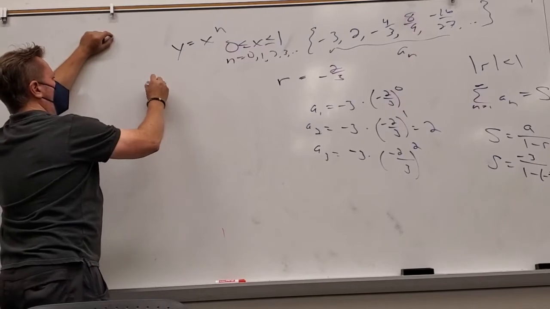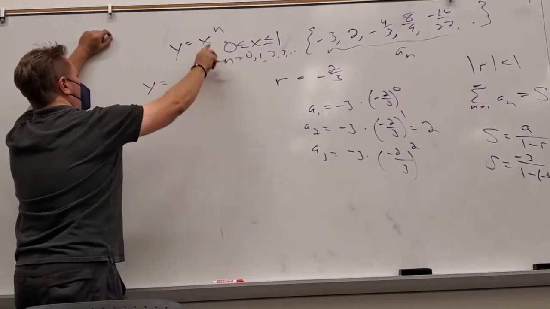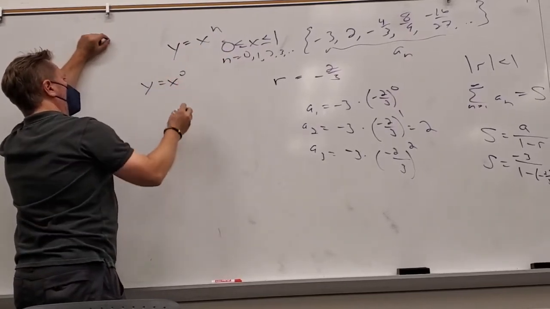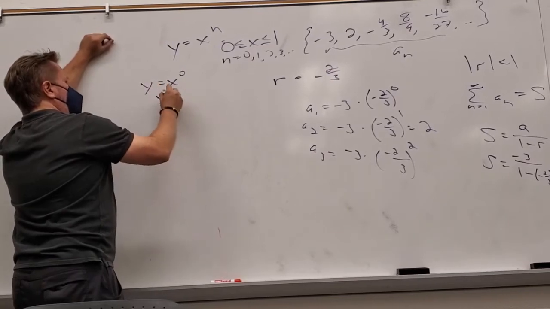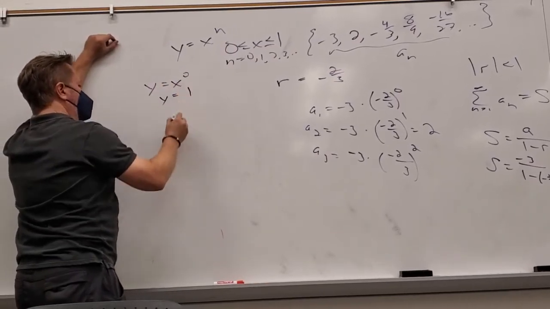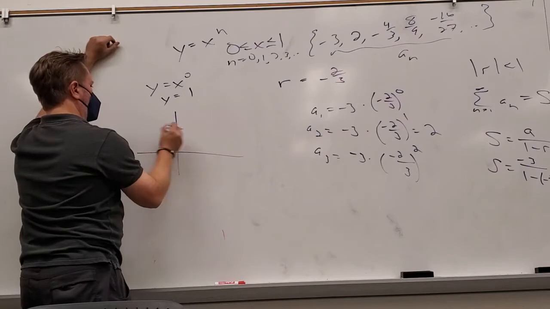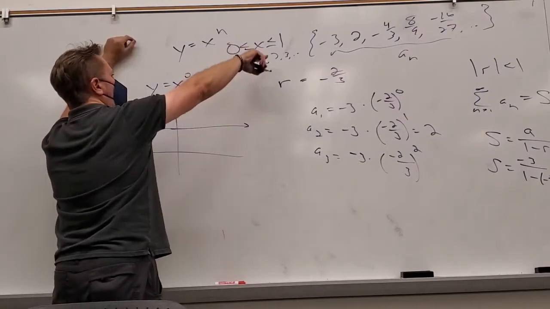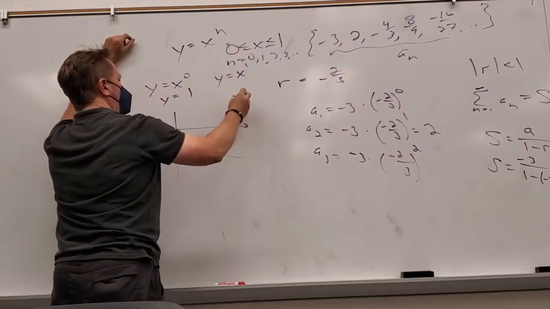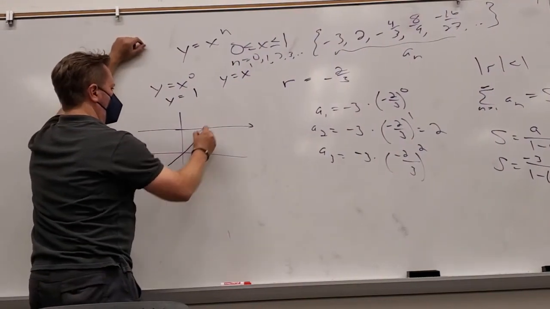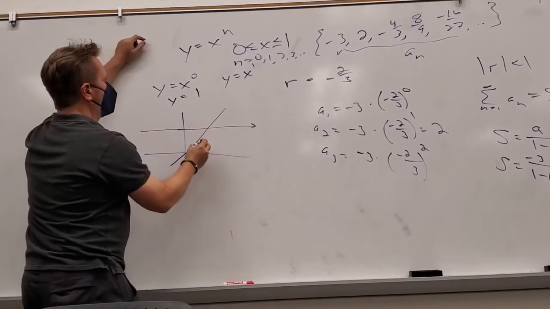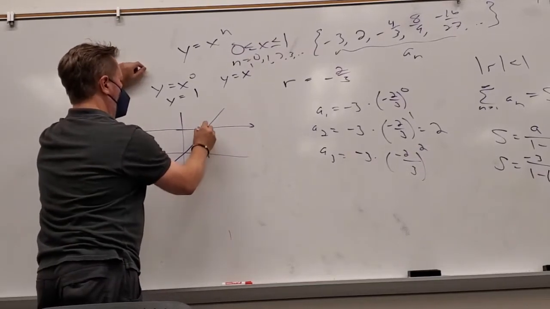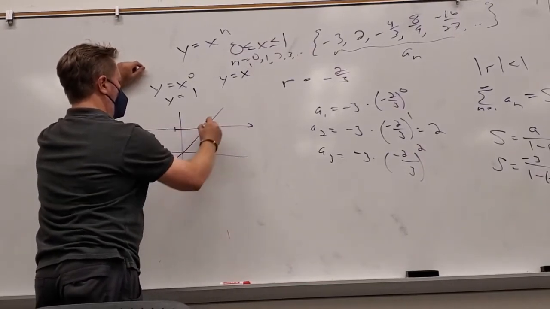So, for example, if I let n be 0, what is that? It's a 1. So that's y equals 1. What if I make n 1? Then I get x to the first, and that would be this line, right? So this would be 1, 1, there.